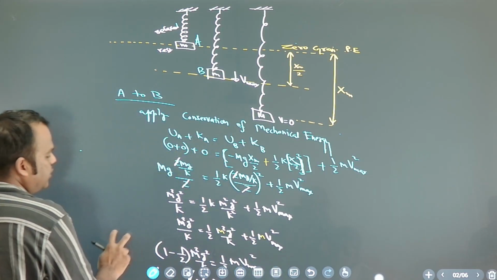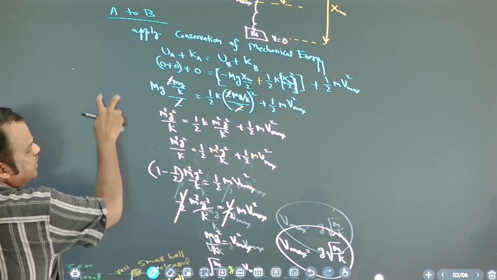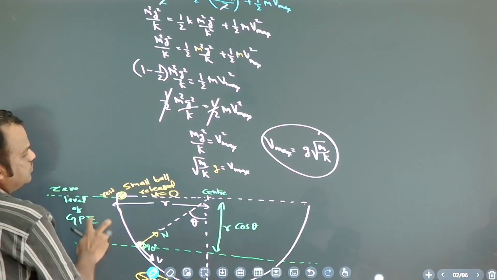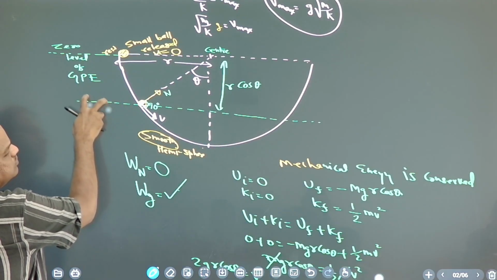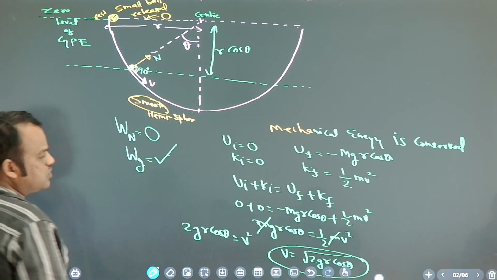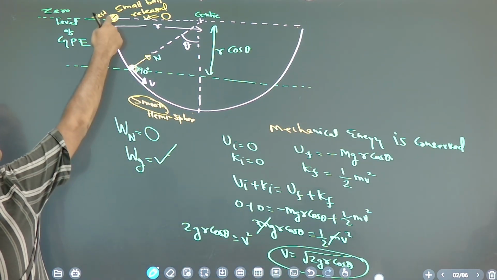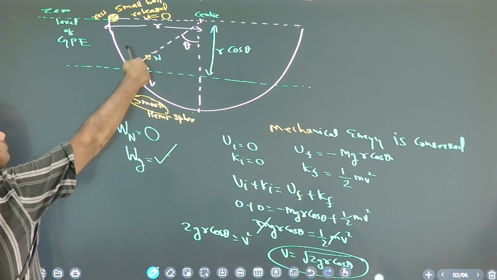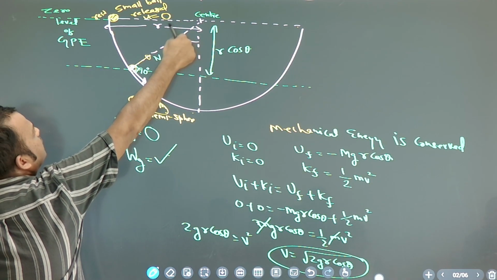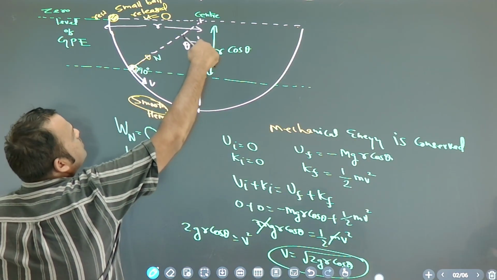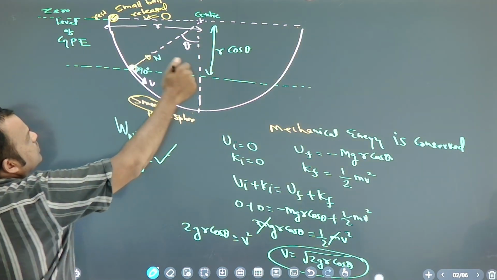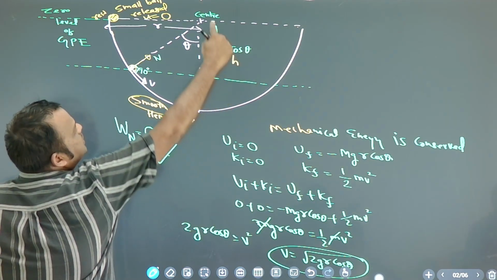You want to note down the last point? Once again you check. So v is equal to square root of 2gR cos theta. Released here, speed 0. Here what is the speed? You see this angle theta, R cos theta. You can take this as h.